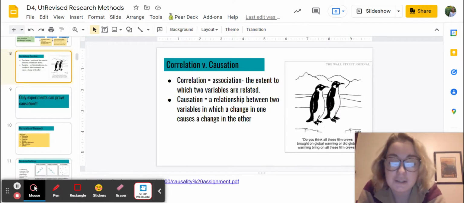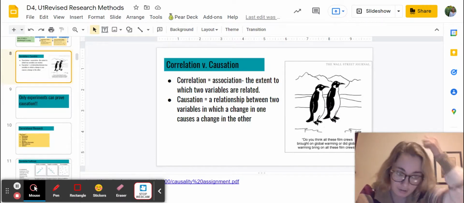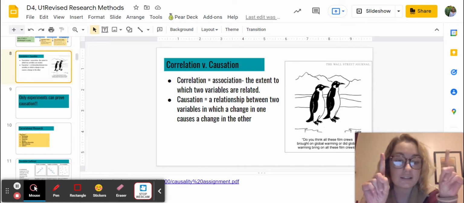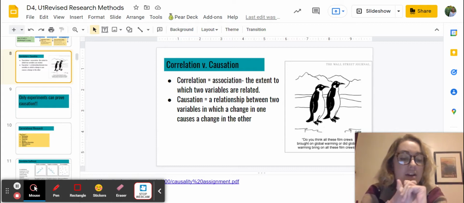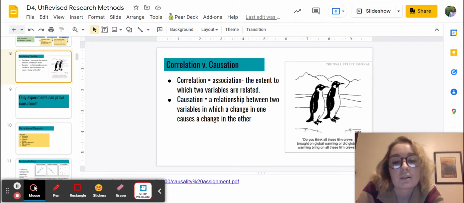Okay, so before we get into each of those research methods, I do want to mention the difference between correlation and causation more in depth, just in case we aren't aware of this. Like I said, causation is a relationship between two variables in which a change in one causes a change in another. You know that they're directly connected and that one is causing the other. And this can only be found in an experiment.